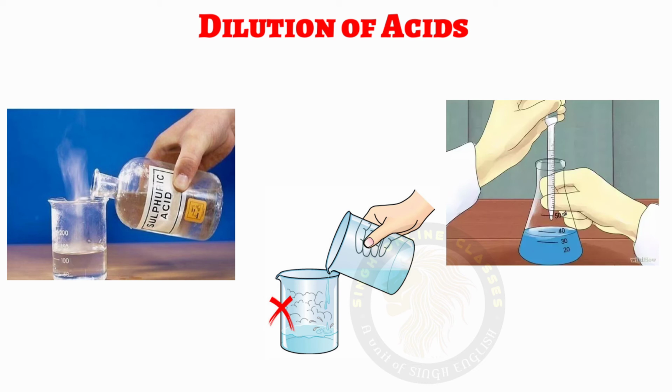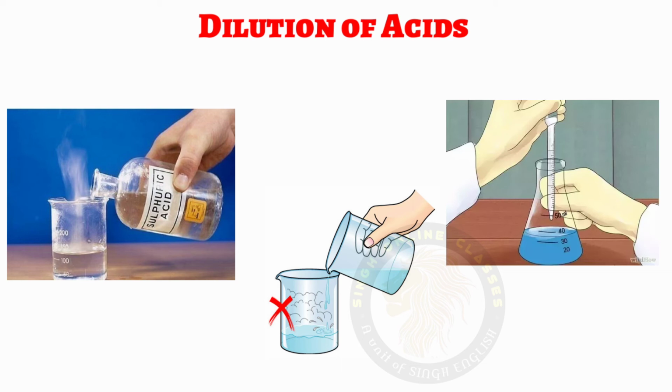Dilution of a concentrated acid by adding water is a highly exothermic process. So, never try it. The heat energy is so large that it may turn water into steam instantly, resulting in the splashing of acid and may cause severe acid burns.